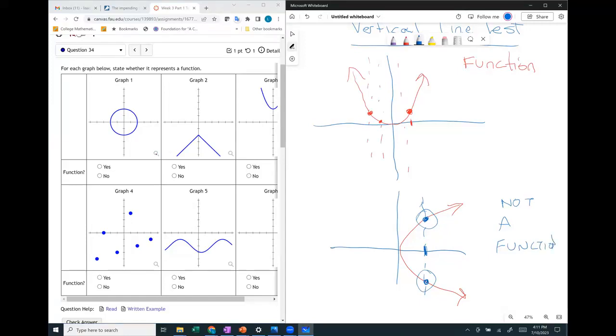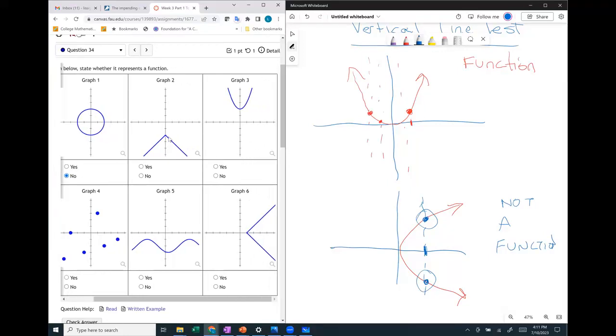That's really all you have to do: look at a vertical line. If I look at a vertical line here, I can say no, this is not a function, because in lots of places I'm going to have 2 points. Graph 2, this is a function because there are no 2 points anywhere.